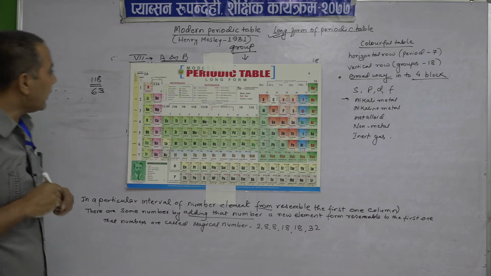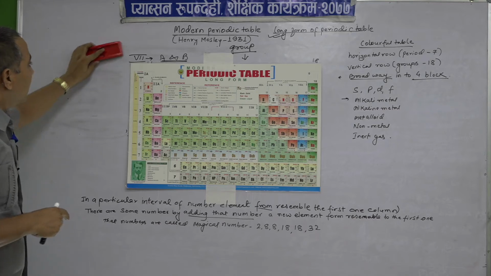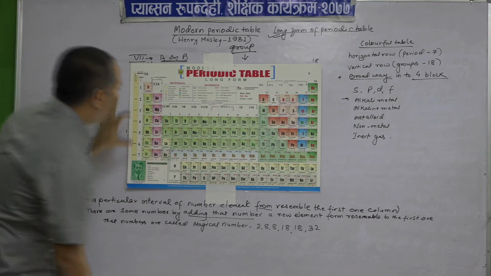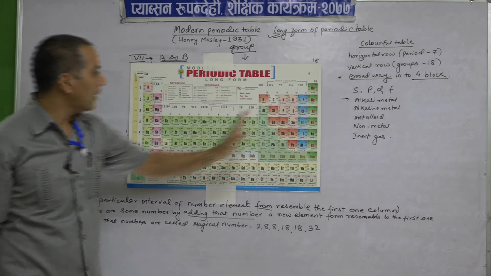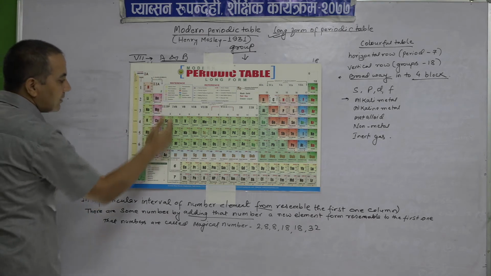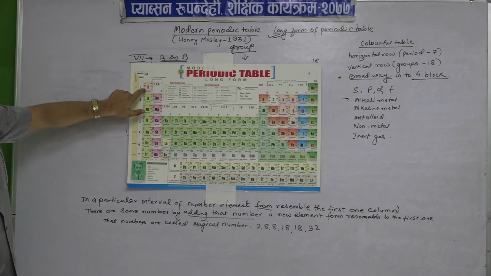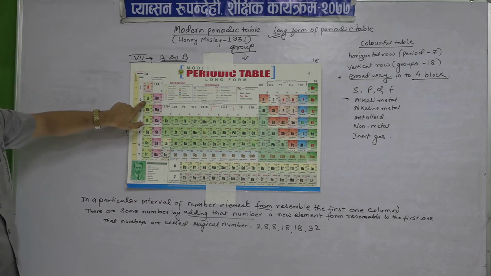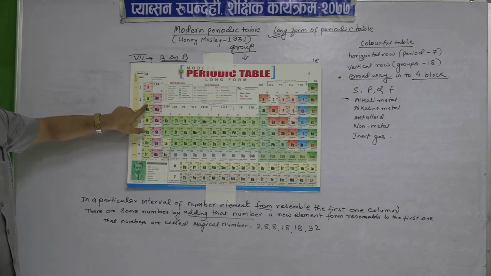Now we go to the next part. We have seen this table has 7 periods and 18 different groups. These are arranged in such a way that the first element present in the first period shows the same chemical and physical properties as the element in the second period of the same group.